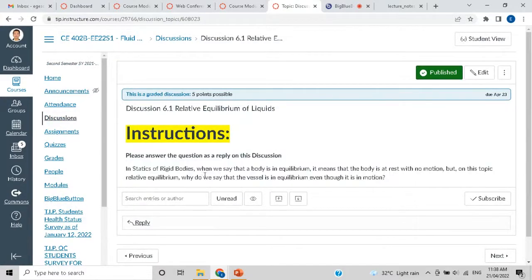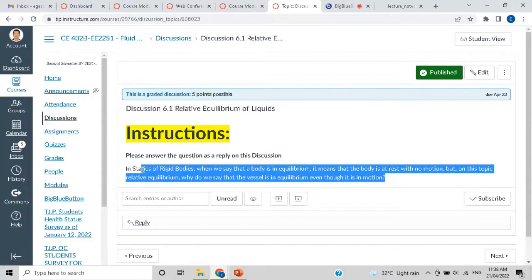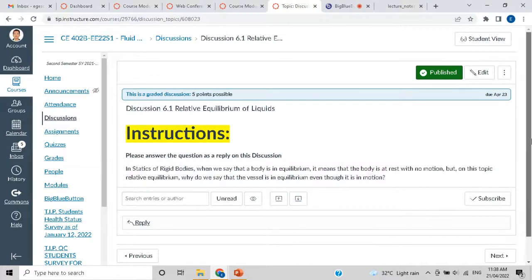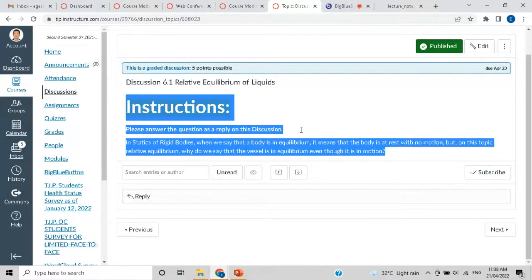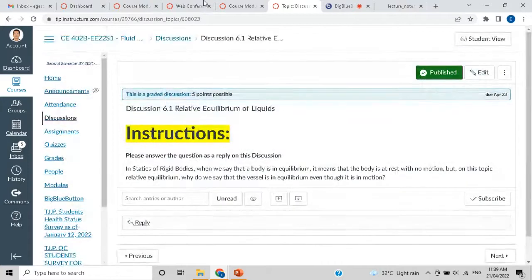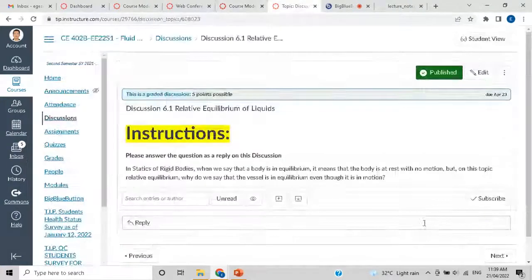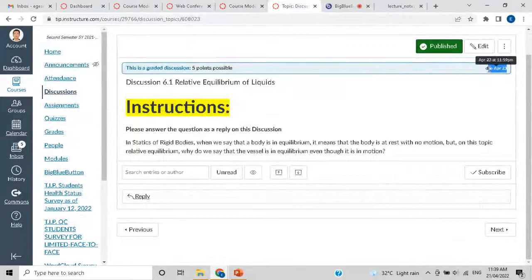So in statics of rigid bodies, when we say that a body is in equilibrium, it means that the body is at rest with no motion. But on this topic, relative equilibrium, why do we say that the vessel is in equilibrium even though it is in motion? So that's the assignment for this module that you can answer until April 23.